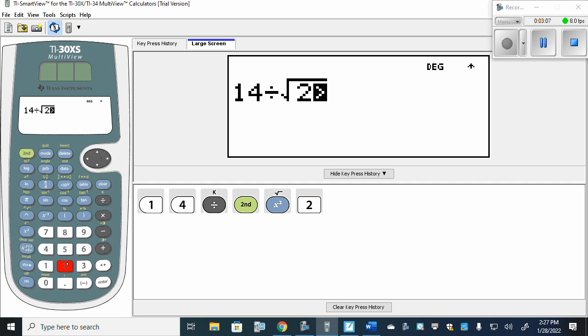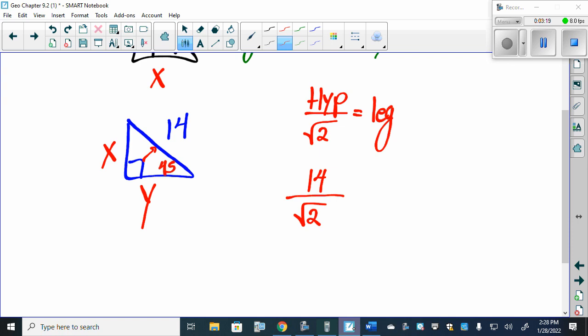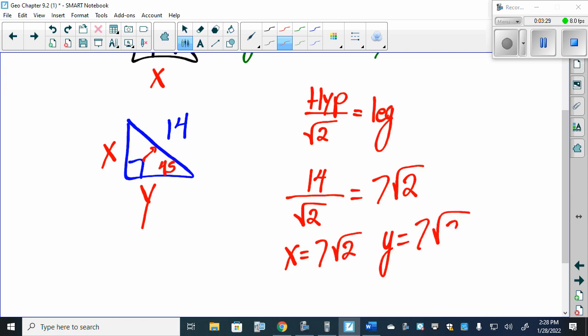We can type this into the calculator, and if we hit enter, it tells us that the two legs are both going to be 7 square root of 2. So the value of x is 7 square root of 2, and the value of y is 7 square root of 2. And that's all we have to do for this.